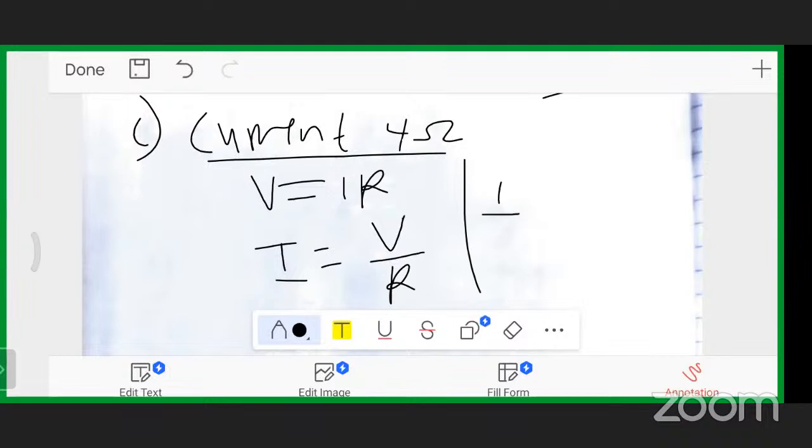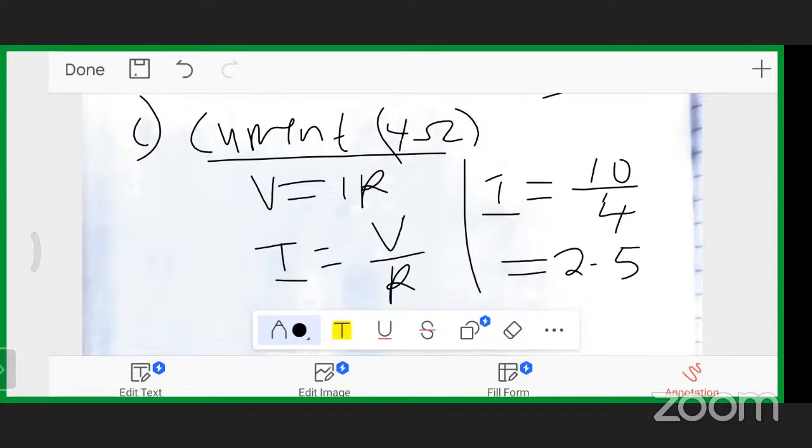So I is V, which is 10, divided by the resistance, which is 4. This will give you 2.5 amps. So that is the current flowing through the 4 ohm resistor.